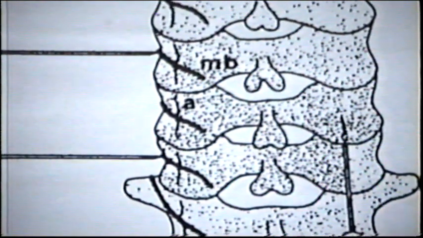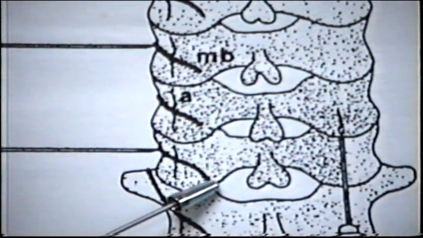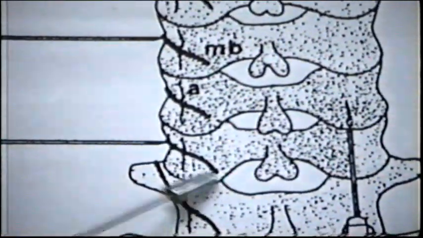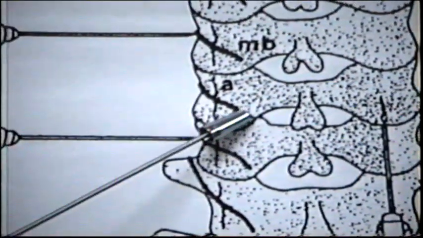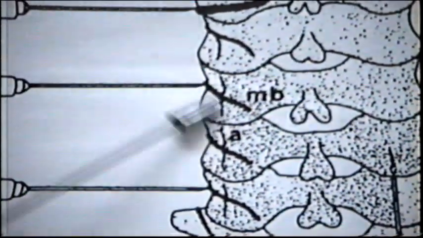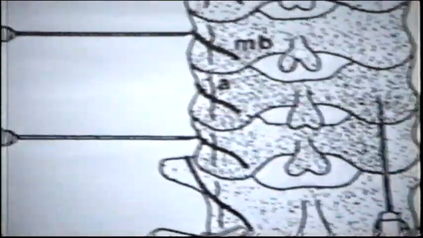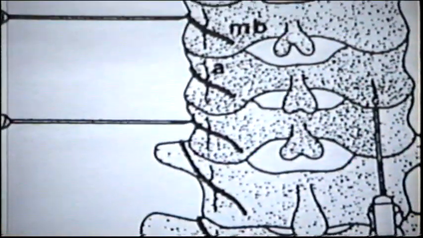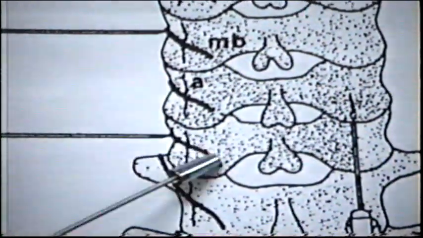The medial branch of the dorsal rami arises just anteriorly to the intertransversalis ligament and crosses around the lateral pillar. Then it gives a branch to one of the joints above and one of the joints below.